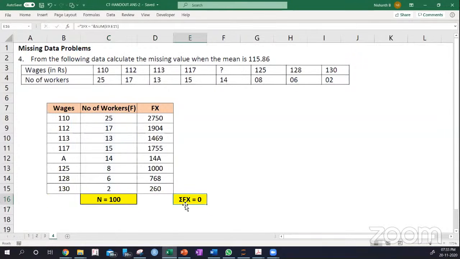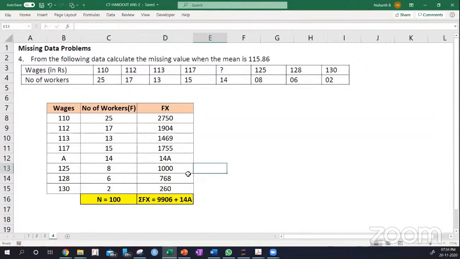So n is 100. And the summation fx is nothing but 9906 plus 14a.